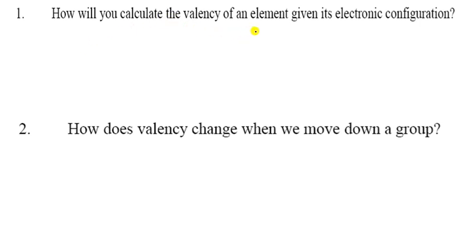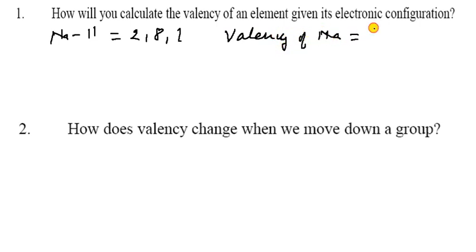How will you calculate the valency of an element? Give its electronic configuration. Suppose you have sodium. Sodium has 11, so it is 2, 8 and 1. The outermost orbit has one electron, so the valency of sodium is equal to 1.